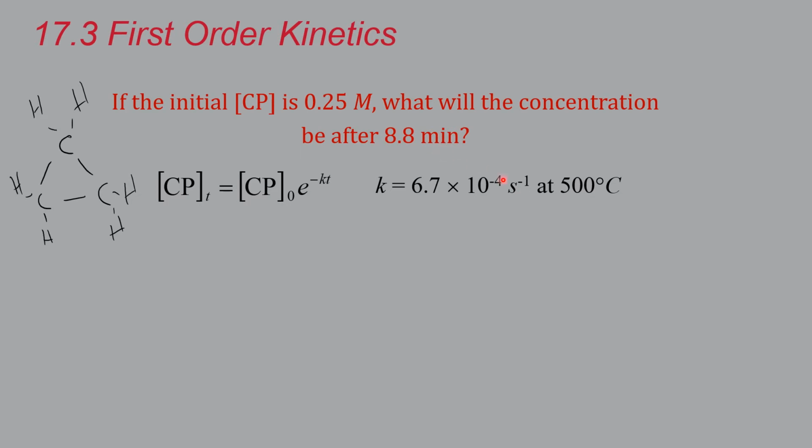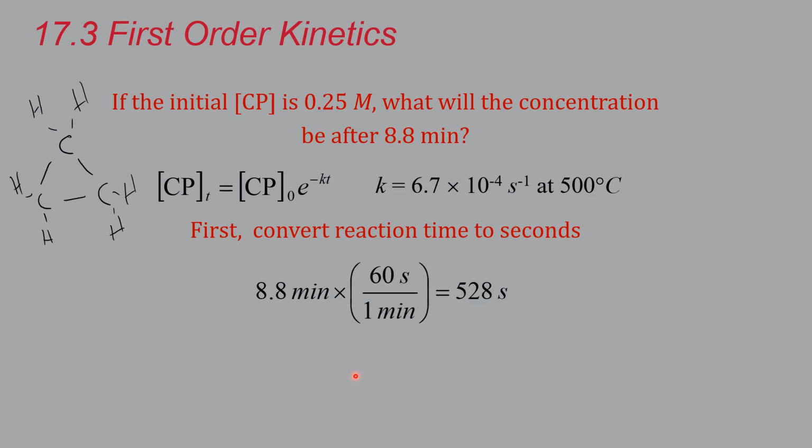But because this is expressed in minutes and this is expressed in seconds, that is not going to happen. So we need to convert the rate constant to inverse minutes, or that time to seconds, and usually it's easier to do the latter. Convert the time to whatever the complementary unit of the rate constant is. So in this case, I'm just going to convert that time to seconds.